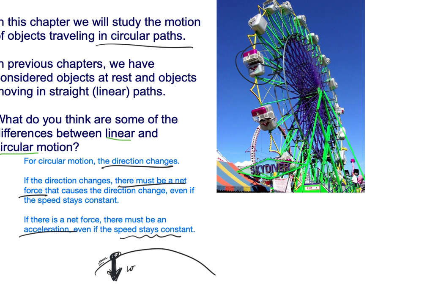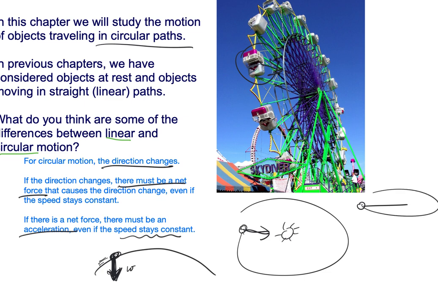So it could be tension, it could be gravity, like a planet orbiting around the sun. That force, therefore, is a gravitational force. We have a whole unit on that later. Could be tension in a string. If you're holding a ball and spinning around in a circle, it's tension in a string that is the central force.